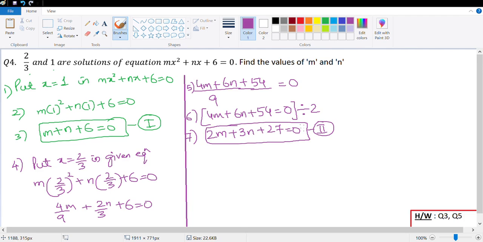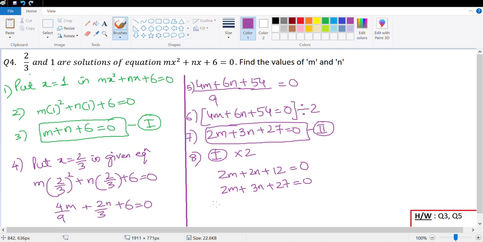Now we'll solve these two equations simultaneously and see what we get. Equation number 1 multiplied with 2, and what we get is 2m plus 2n plus 12 is equal to 0. The equation 2 is 2m plus 3n plus 27 is equal to 0.